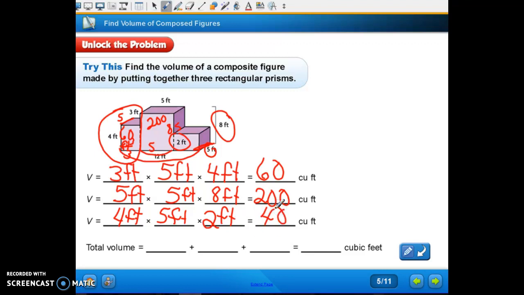So 60 feet cubed plus 200 feet cubed plus 40 feet cubed is equal to something feet cubed. What is 40 plus 60? 100. And 100 plus 200 is 300 feet cubed. Good question.